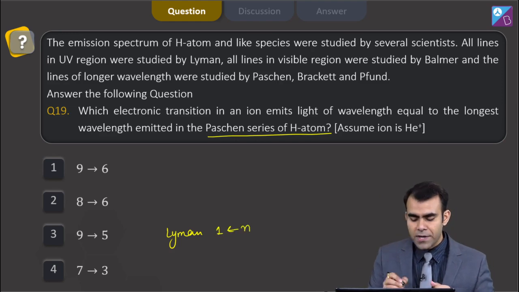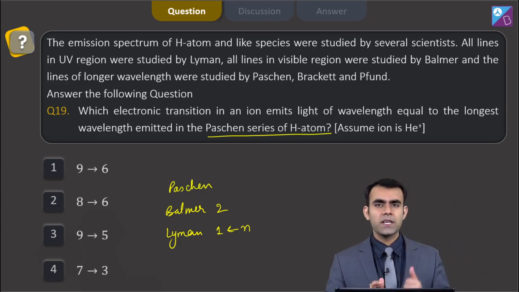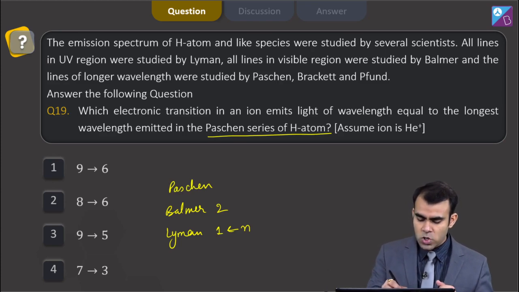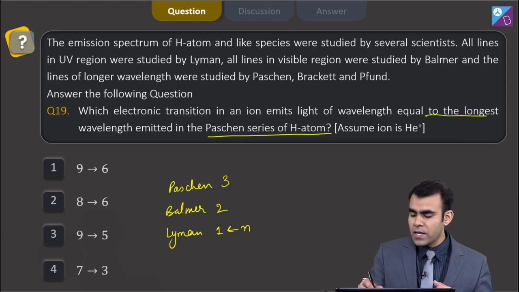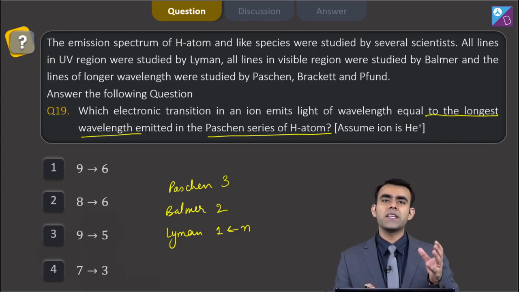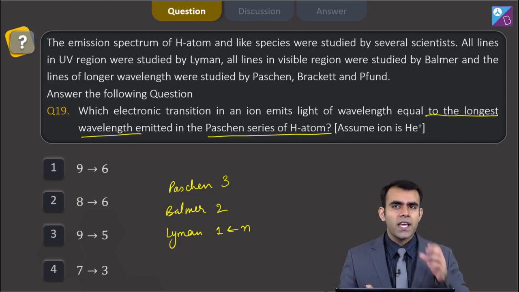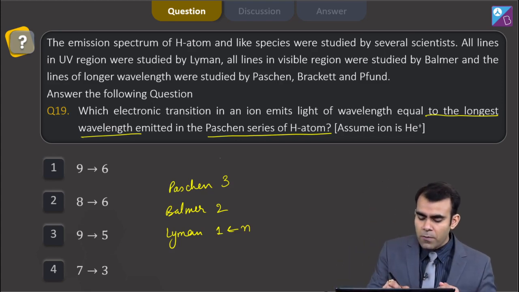So n to 1. Similarly in Balmer it comes to 2. Then Paschen. Now what is Paschen series of hydrogen atom? That electron will come to n equal to 3. Now here it says that it must be the longest wavelength emitted. Longest wavelength means minimum energy transition, and minimum energy transition to Paschen series in hydrogen atom is from 4.